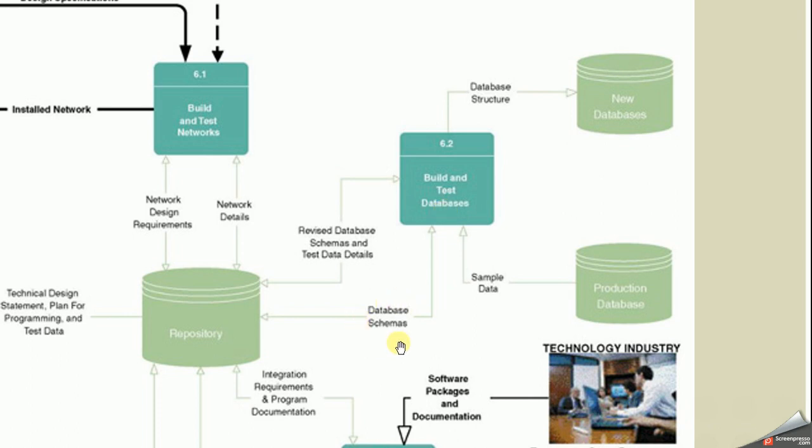So now we will take the database schema from the repository, and we will take sample data from the production database.